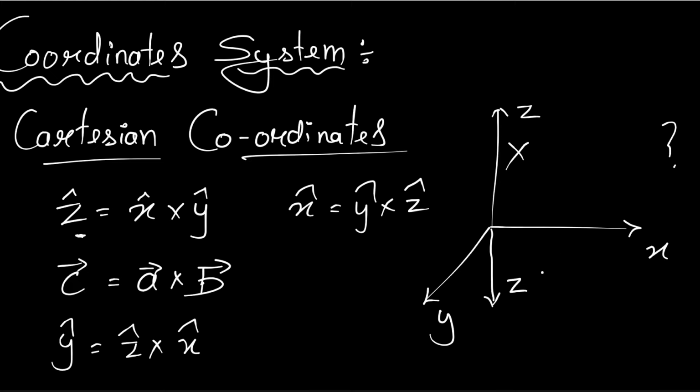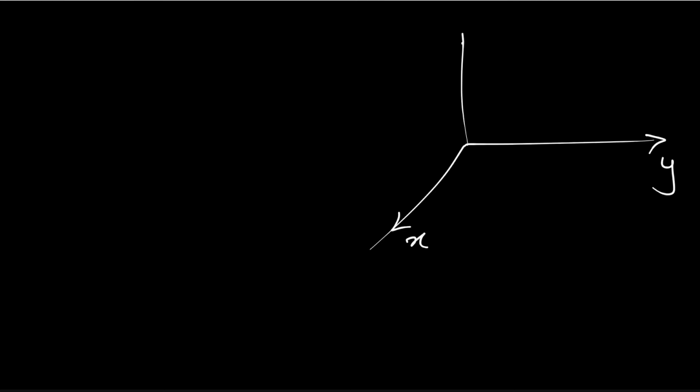For simplicity, I will take this direction only. This is the X, this is the Y, and this is the Z. You can check it out: X cross Y should be in the Z direction. Then this convention is right. Otherwise, it is wrong.